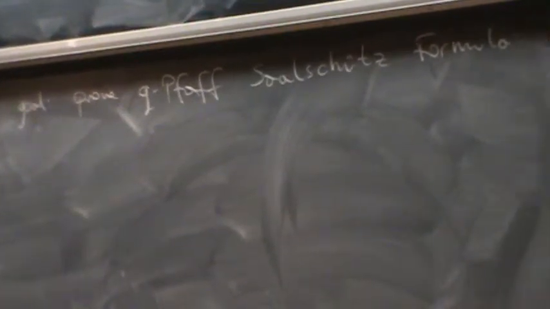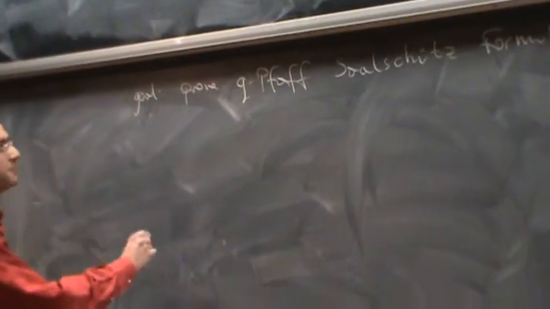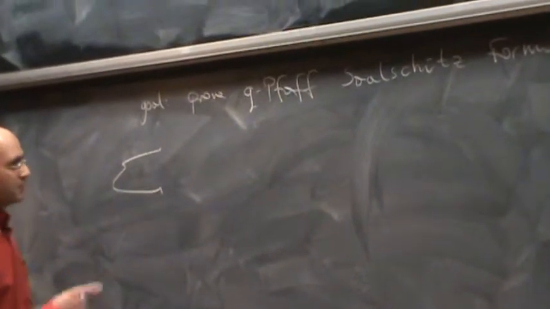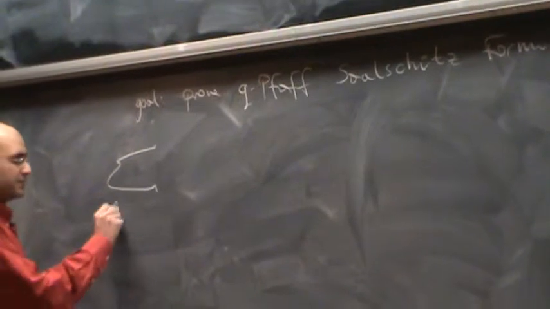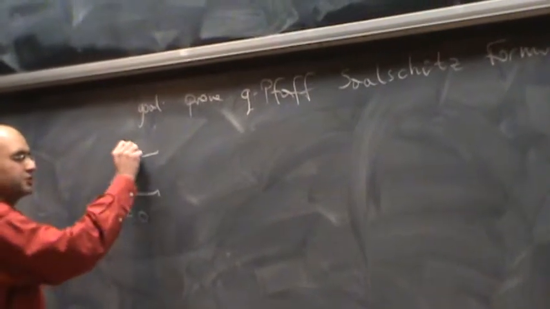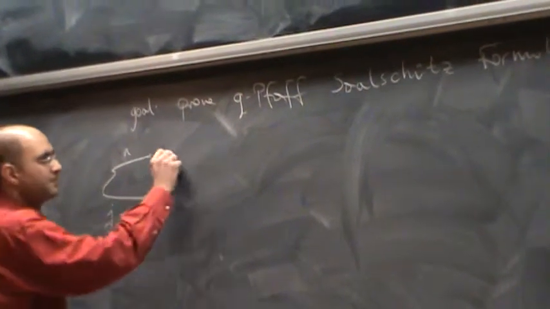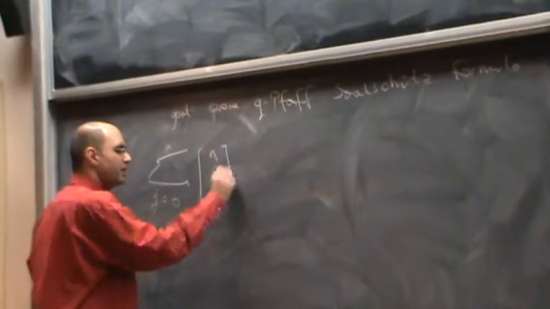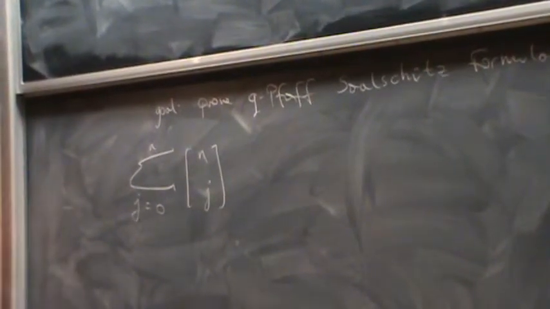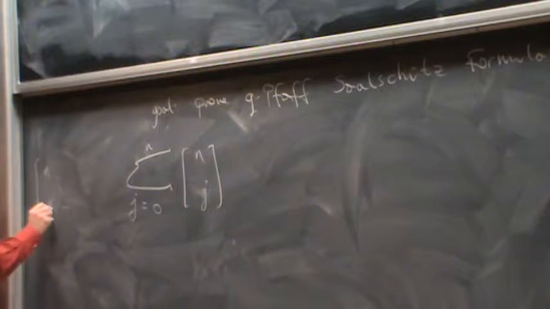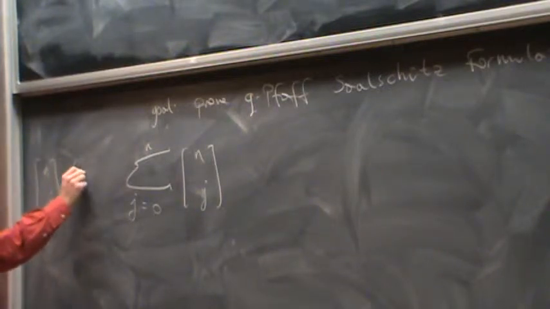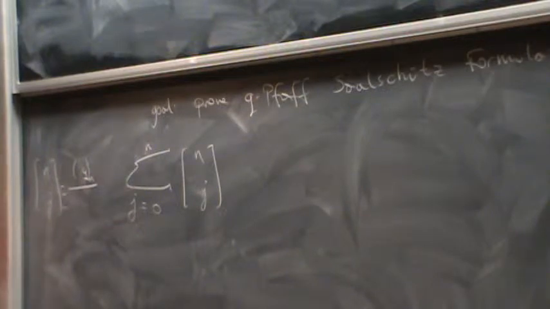Again, that has many different versions. We will stick to one of them. This time we have a finite sum on the left, say from j equals 0 to n, and choose j, where the q-binomial coefficient is defined as q sub n divided by q sub j times q sub n minus j.